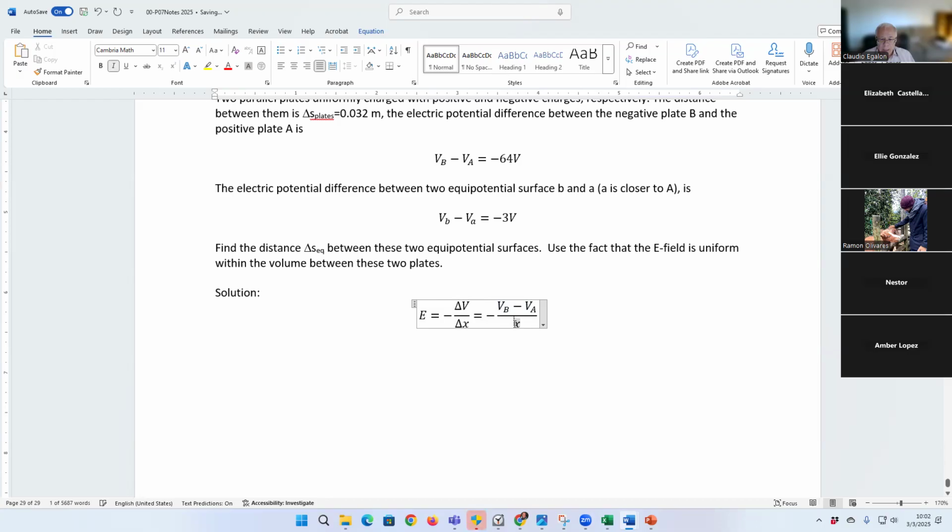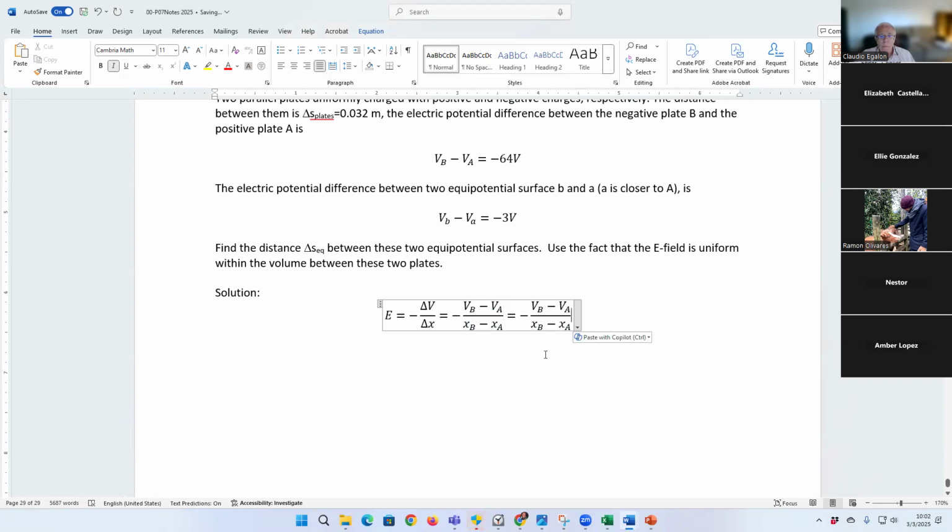And we also have the spacing between the positive plate and the negative plate. Delta X is going to be XB minus XA. So, just straightforward application of formulas.